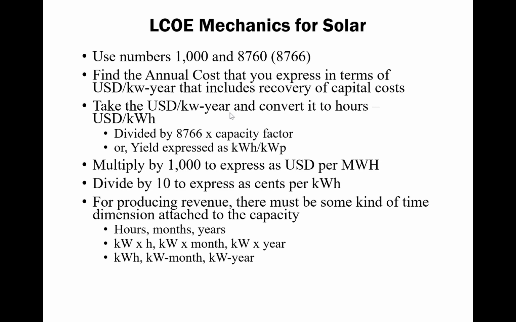That's the capacity factor. And then if you want to get it in megawatt hours, you better multiply it by 1,000, because if I'm paying 1 for a kilowatt hour, I'm going to pay 1,000 times more for a megawatt hour. And if you want to express it in cents, you take the cost per megawatt hour and divide it by 10. It's that whole business we already did. Okay, and then you figure out how many months, years, and hours you have.